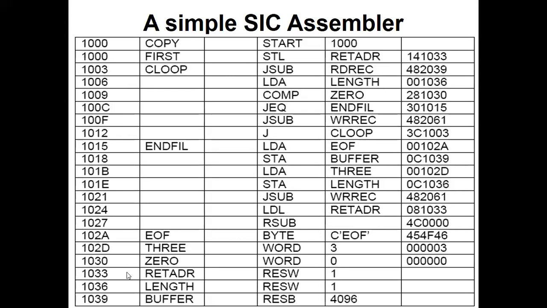Now if you look at the program, you find RETADR down here at a memory location, which is 1033. Do you see that one? At 1033, that is the address where you find RETADR.